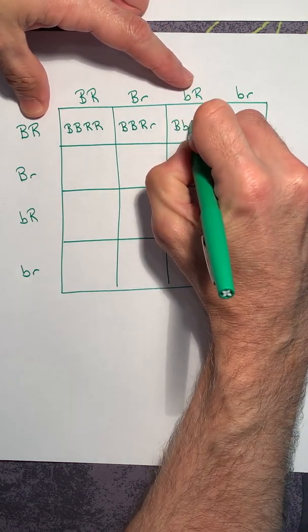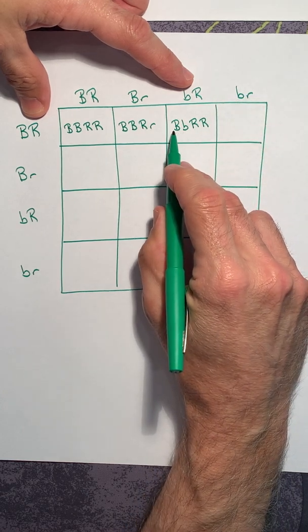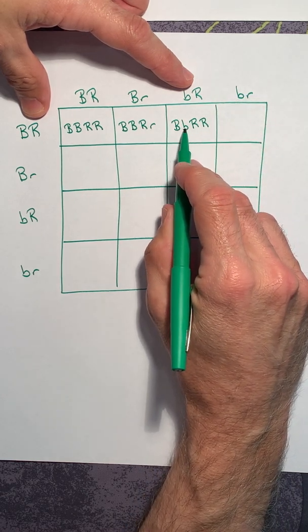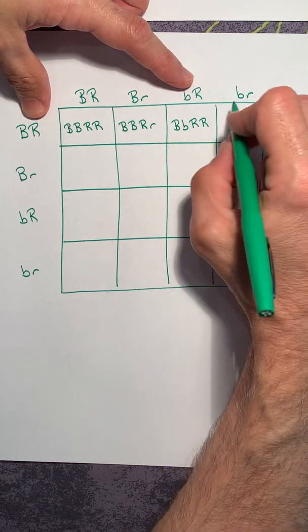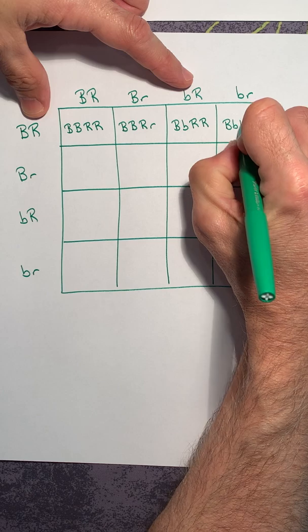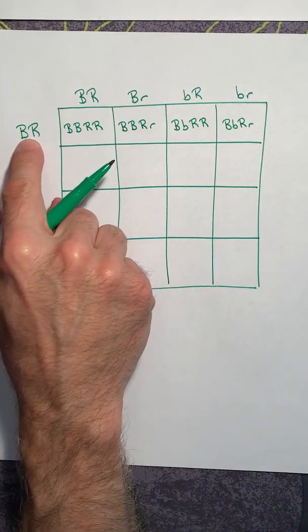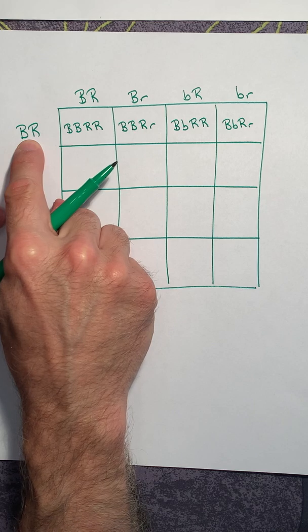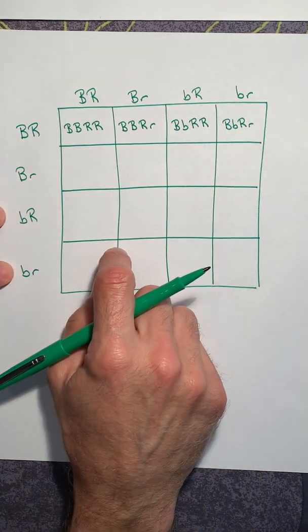Big B, little b, big R, big R. Notice how I am writing them alphabetically first, and then when you do the B's, of course, the dominant B goes first. Like such. So this allele combination from dad with these 4 allele combinations from mom.